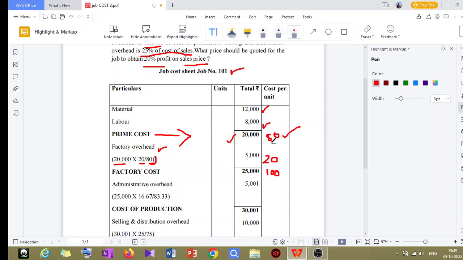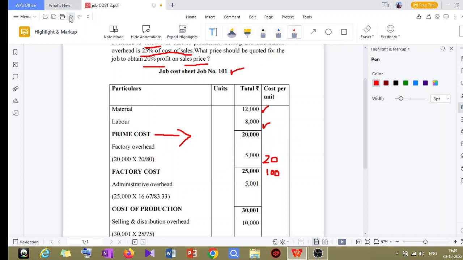Clear? So you will get 5,000. So for the prime cost, if you add the factory overhead, you will get the factory cost. That is 20,000 plus 5,000 will be 25,000. I hope it is clear to you till here.